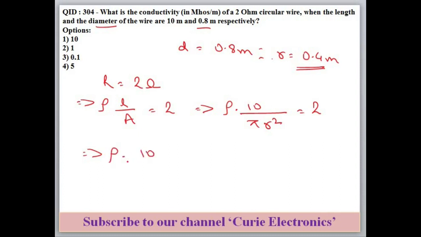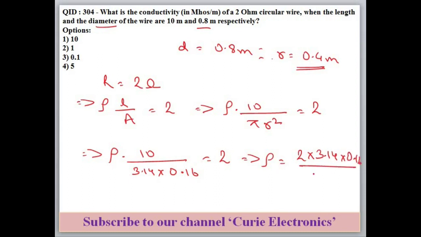So rho into 10 by pi. Pi means 3.14 into r square. 0.4 square is 0.16, is equal to 2. Now we can find rho. Rho will be equal to 2 into 3.14 into 0.16 by 10. So 6.28 into 0.16 by 10.